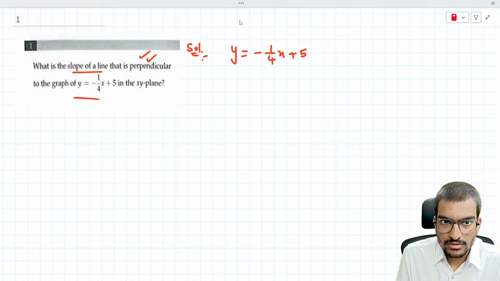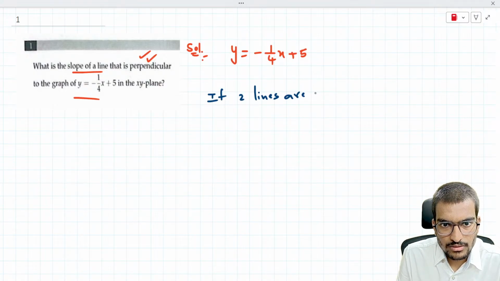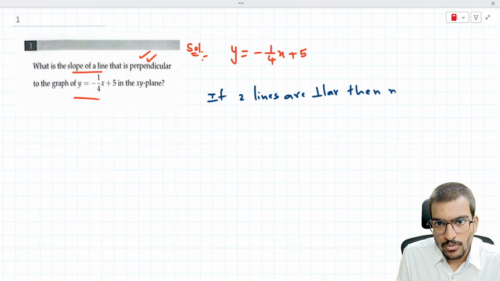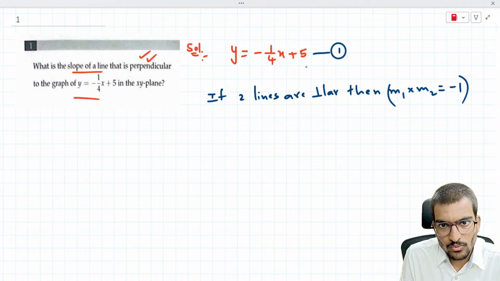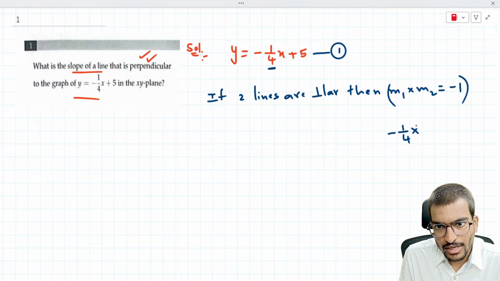We know that if two lines are perpendicular, then the product of their slopes is -1. So what is m1? This is line equation 1 and the slope is -1/4, times m2.